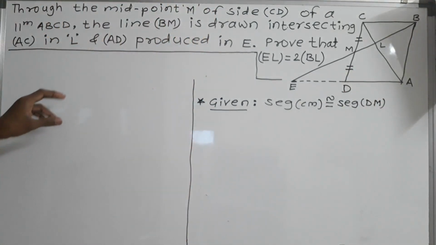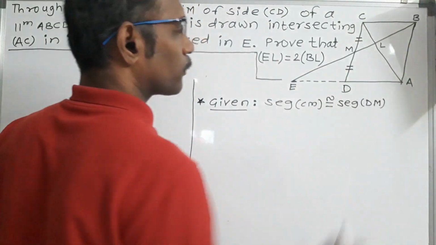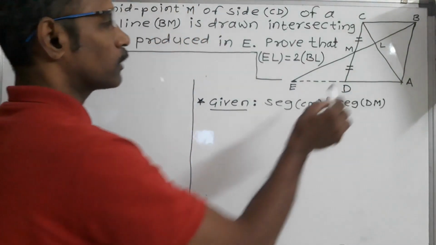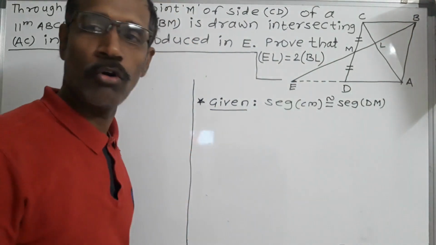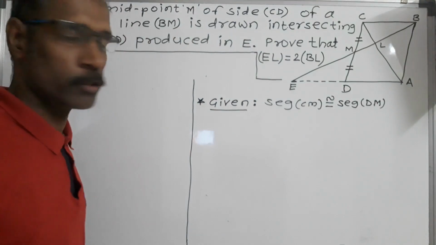We are also given that quadrilateral ABCD is a parallelogram, therefore opposite sides are congruent, and opposite sides are parallel also.